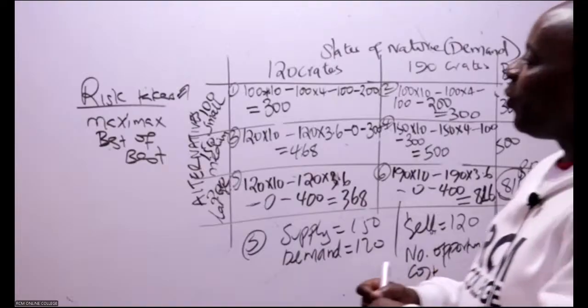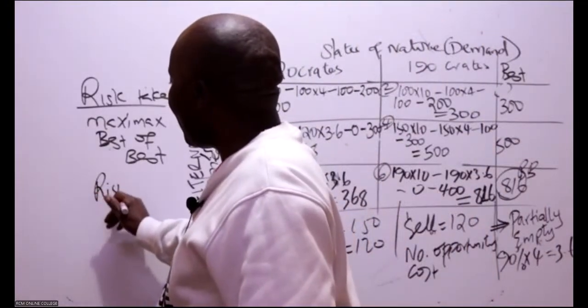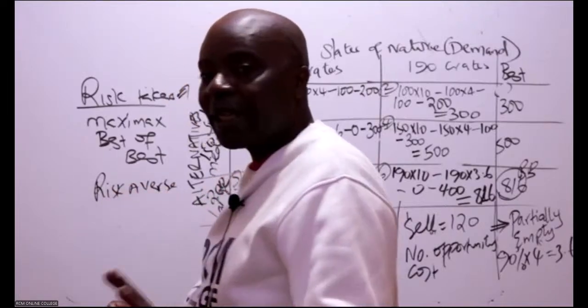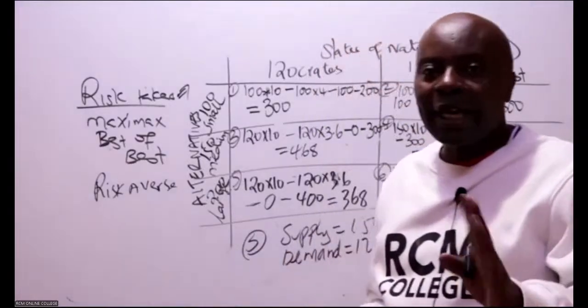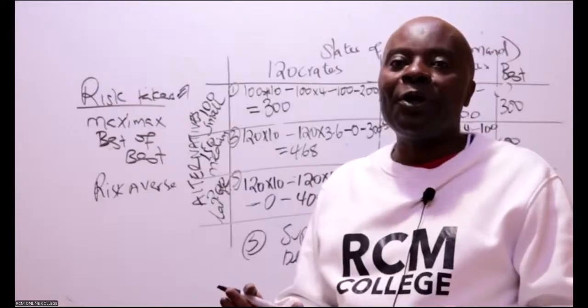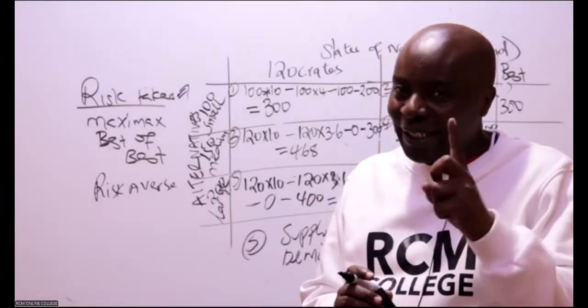And then, ladies and gentlemen, we have a risk averse. There are people naturally who are risk averse. Those are the guys that, when you observe them crossing the road, you'll know that this person fears risks a lot.